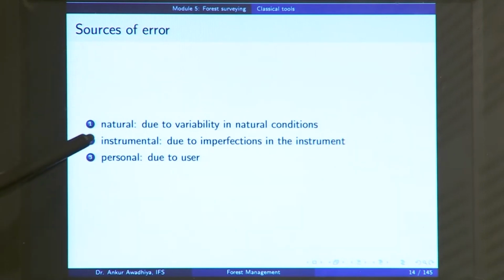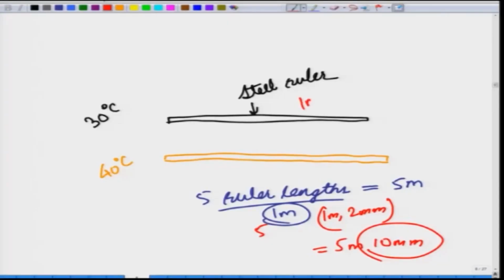You can also have an instrumental error due to imperfections in the instrument. In this case what we are saying is that when you were taking the measurement at 30 degrees, and suppose your ruler was calibrated for 30 degrees, but at 30 degrees in place of being 1 meter, this actually is 0.995 meters.